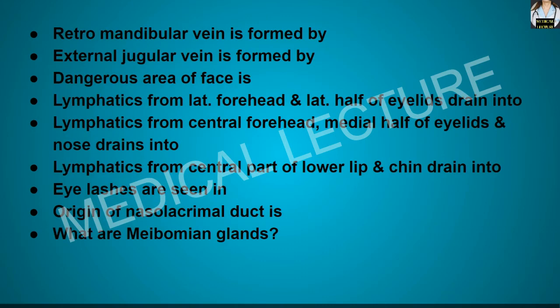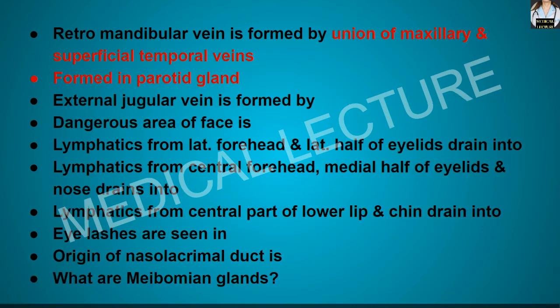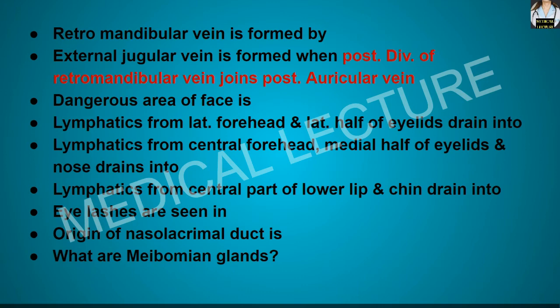Now the retromandibular vein is formed by the union of the maxillary and the superficial temporal veins, and is formed in the parotid gland. External jugular vein is formed when the posterior division of the retromandibular vein joins the posterior auricular vein.